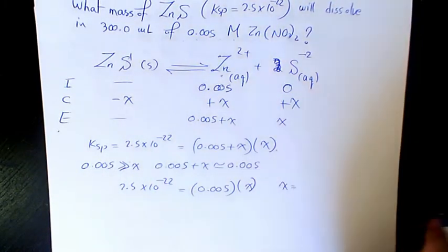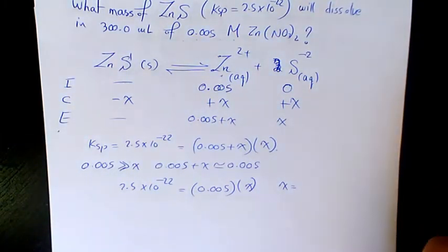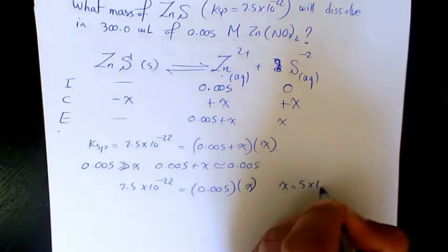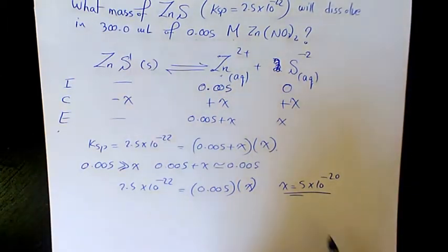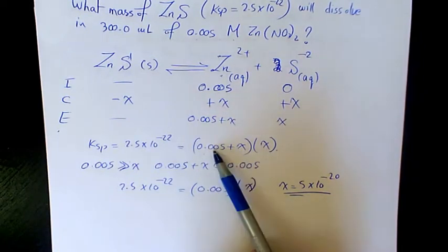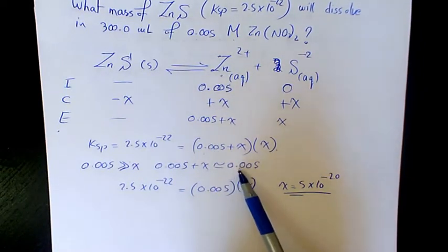So x will be that divided by 0.005. That's going to be 5 times 10 to the power of negative 20. So that's the solubility. It means that the assumption we made here was valid.